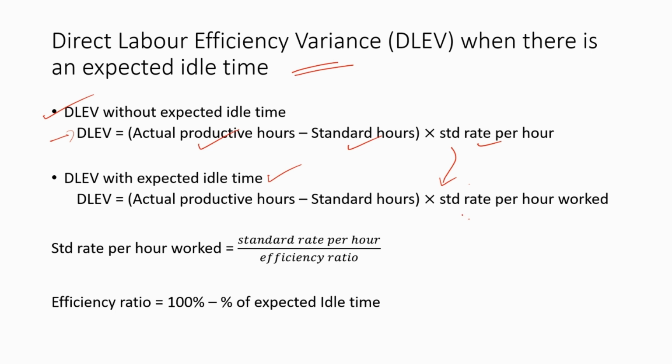Now we know how to calculate the standard rate per hour worked because under expected idle time variance, we calculated this figure. So when there is an expected idle time, direct labor efficiency variance is equal to actual productive hours minus standard hours multiplied by the standard rate per hour worked. Standard rate per hour worked is equal to standard rate per hour divided by the efficiency ratio. Efficiency ratio is equal to 100% minus the percentage of expected idle time.